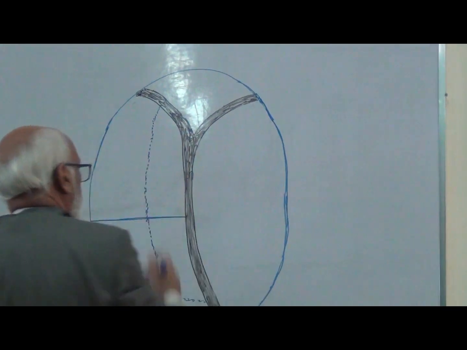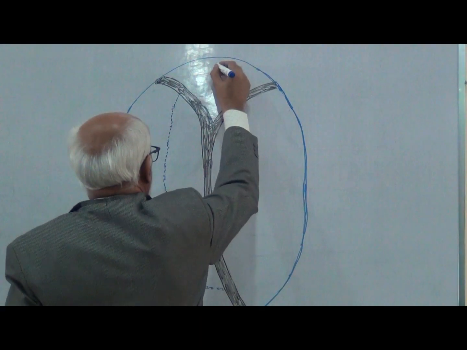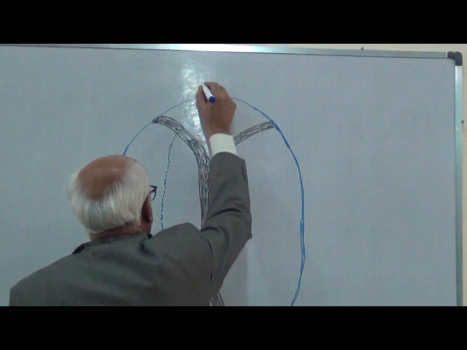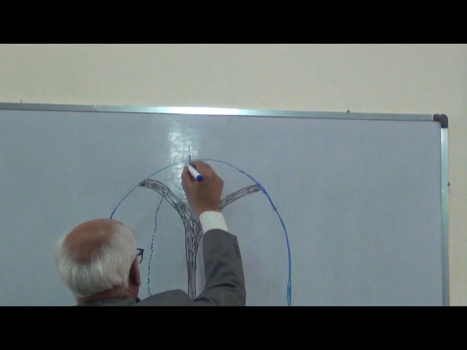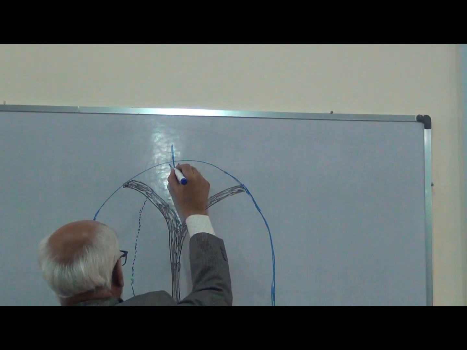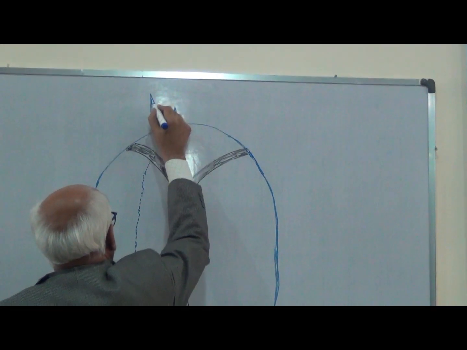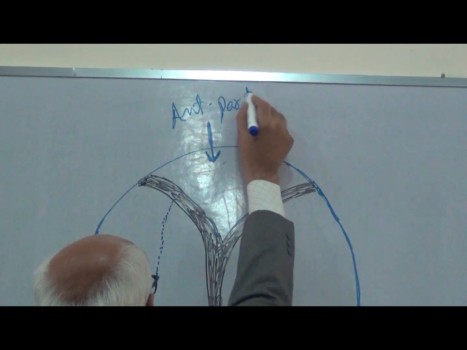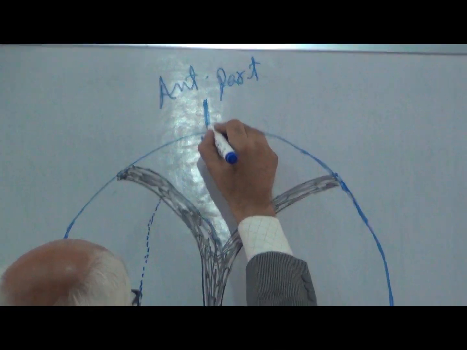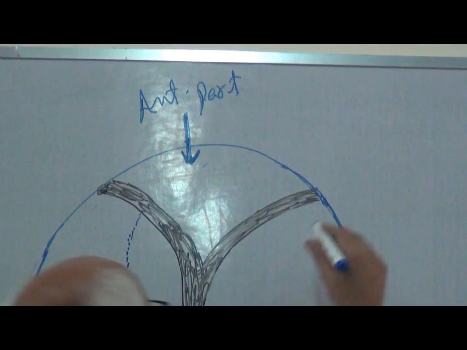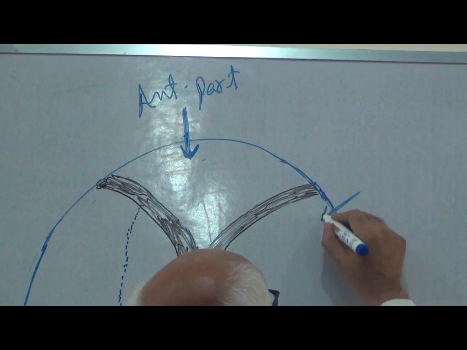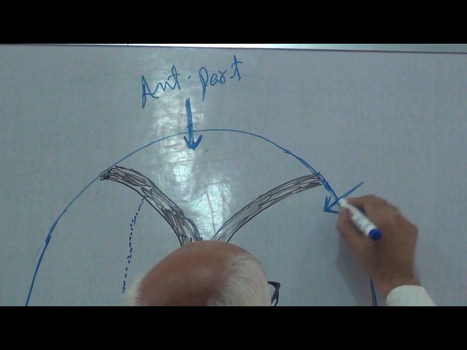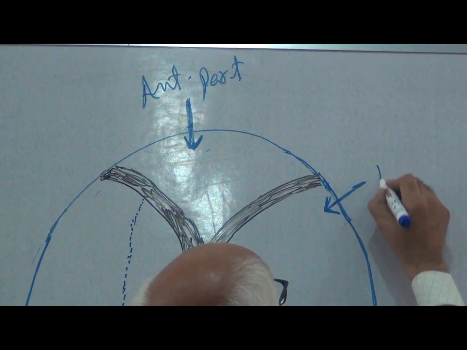Now the internal medullary lamina divides the thalamus into three parts, three subdivisions. Anterior part. This is the medial part.